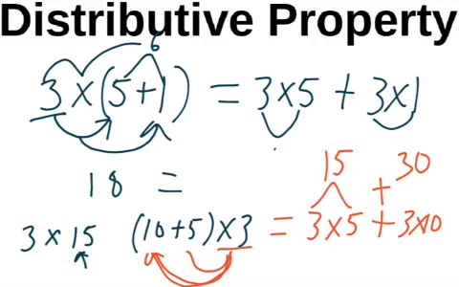All right? Just like I know 3 times 15 is 15 plus 15 plus 15, which also equals 45. Go ahead and answer a question using the distributive property.